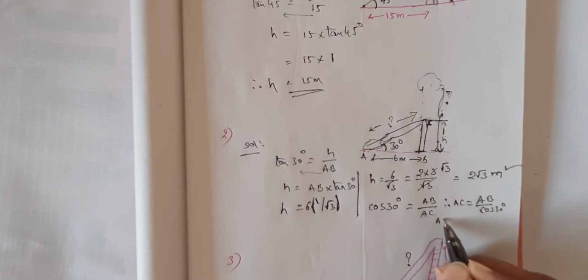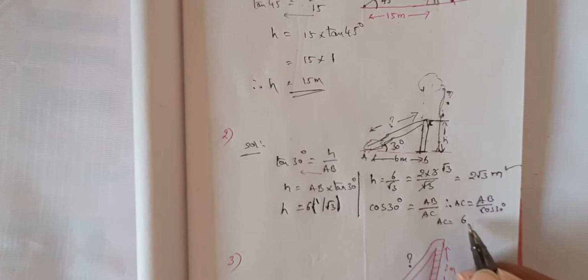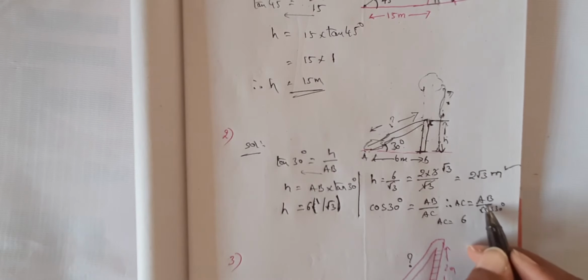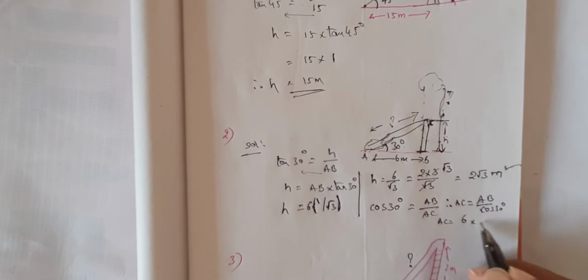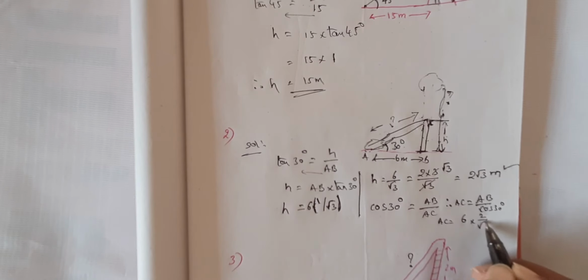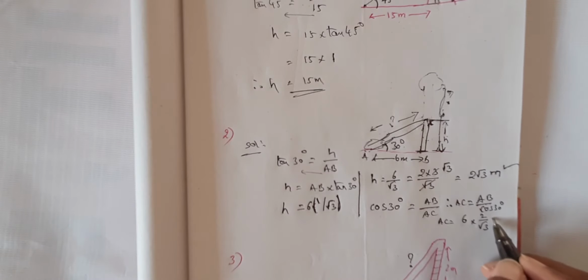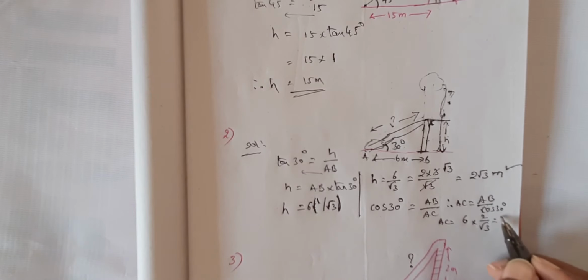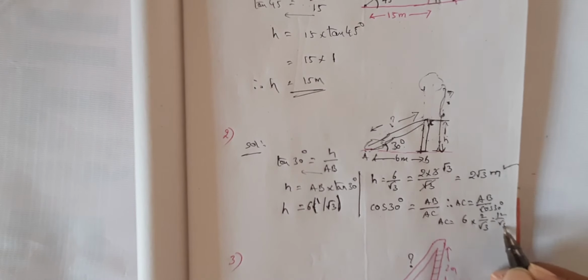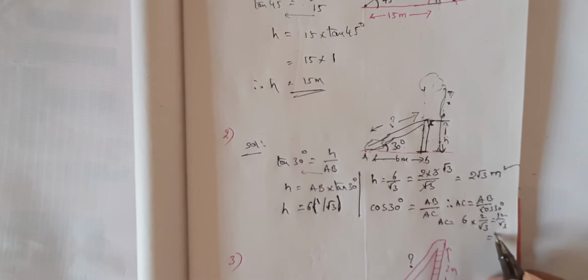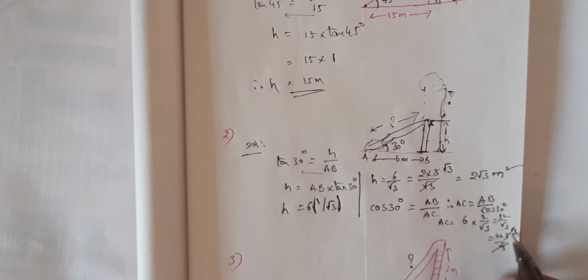So therefore AC is equal to, what is AB? 6, over cos 30 degrees. What is cos 30? Root 3 by 2. It is in the denominator, so when it comes into the numerator it becomes the reciprocal, 2 by root 3. I can split again: 6 2s are 12, 12 by root 3. So I can split 12 into 4 into 3 by root 3. Root 3 goes in 3, root 3 times. So 4 root 3.